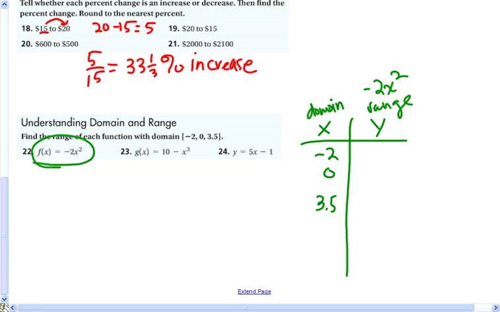I'm not going to do them all, but basically I just need to find what -2 times -2 to the second power is. Again, I'm going to do my exponent first. So -2 squared, that's -2 times -2 is +4, times -2 is -8. I put 0 in there. Well, anything multiplied by 0 is equal to 0, so that one's not too bad. And to do 3.5, you're going to do -2 times 3.5 squared. And I'll let you do that with the calculator.